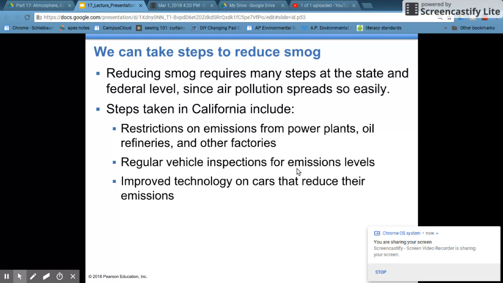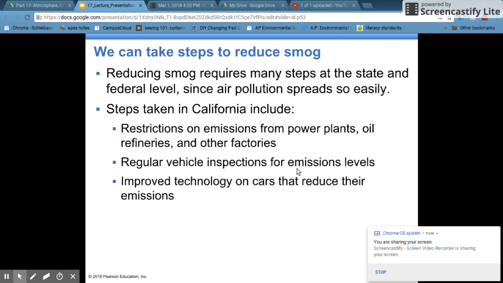We've taken lots of steps to reduce smog, and specific states have taken problems with smog into their own hands. California is really a leader in making their own changes when there weren't federal changes being made. They put their own restrictions on power plant emissions. They have a vehicle inspection, like we talked about last week, where if you're going to have a car on the road in California, your vehicle has to be inspected for emissions.